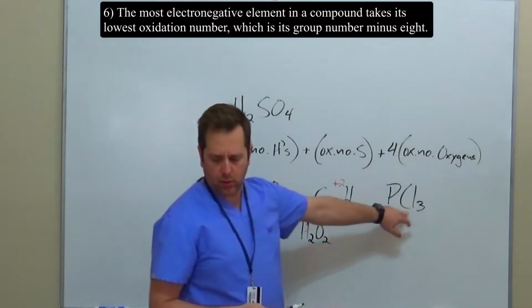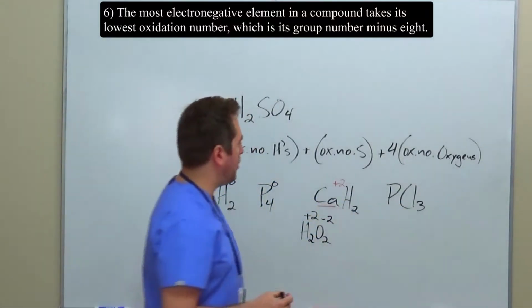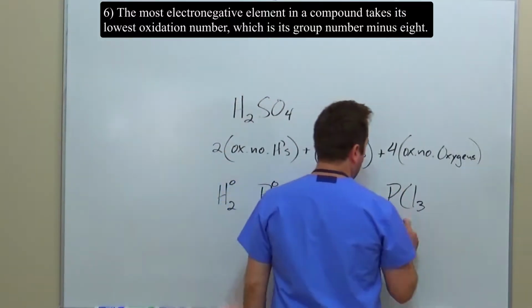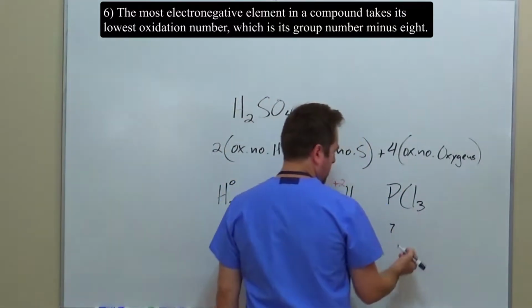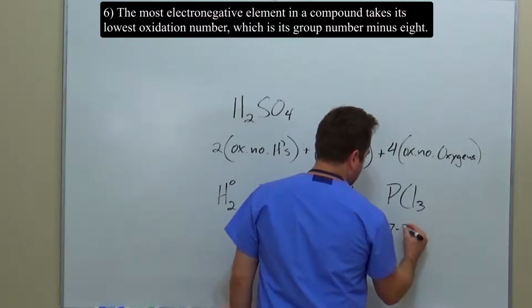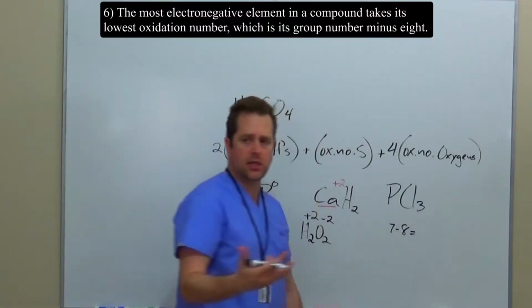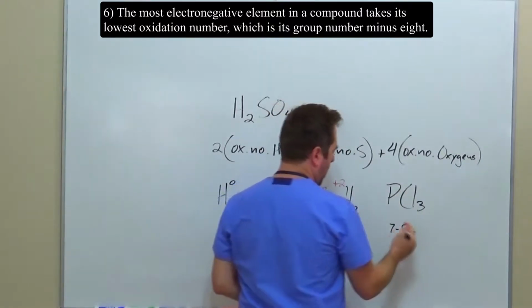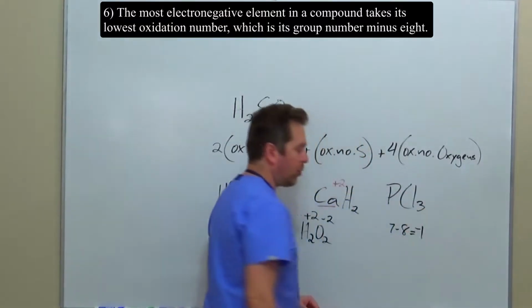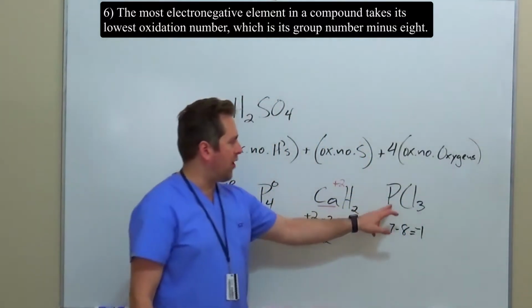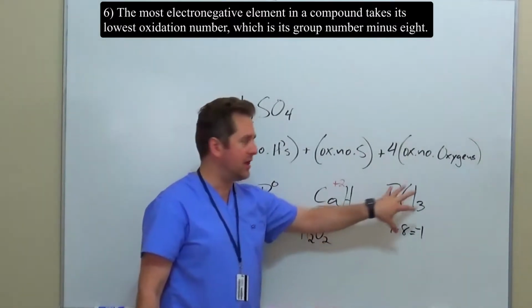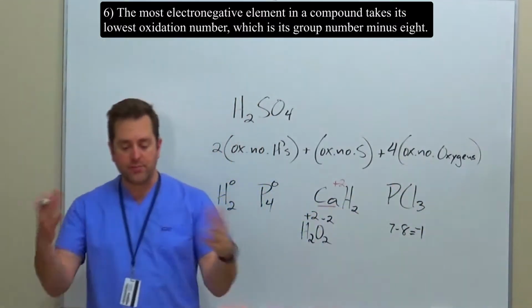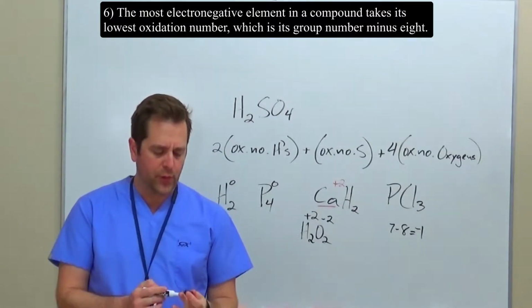Well, it's obviously the chlorine, right? So the way that we would calculate the individual chlorines is the group number, which is group 7, as you can see, minus 8. That lets us calculate the actual oxidation number of this constituent in this molecule. So each chlorine would be worth -1, and that means this phosphorus has to have a charge of +3, so it's neutralized. Okay, so these are the guidelines that I wanted to review with you.